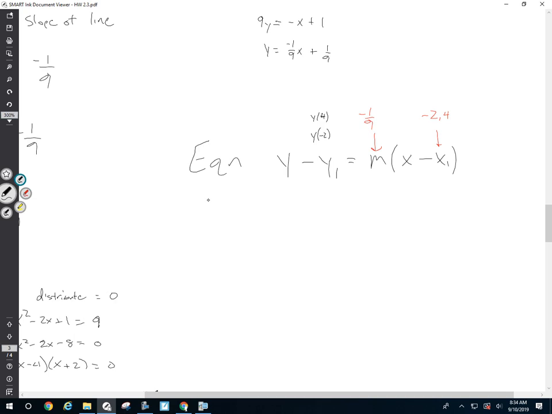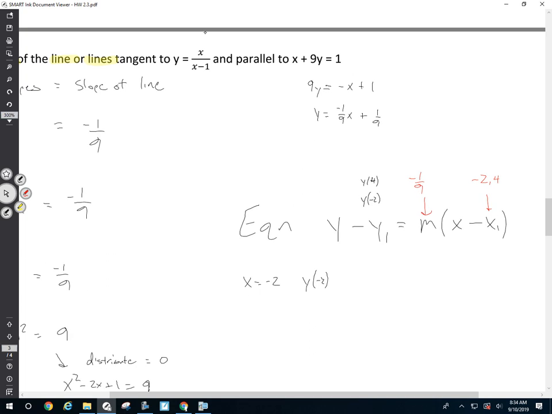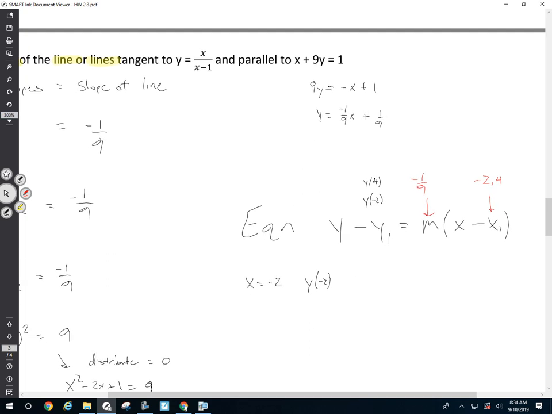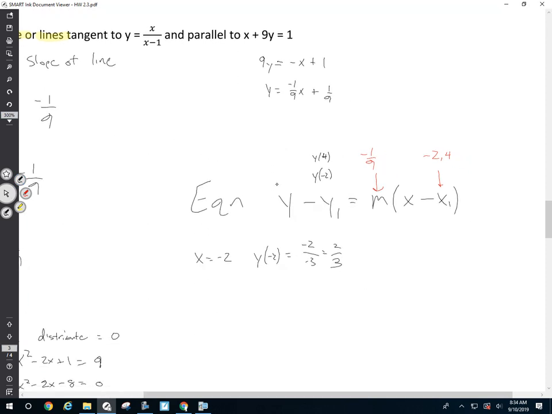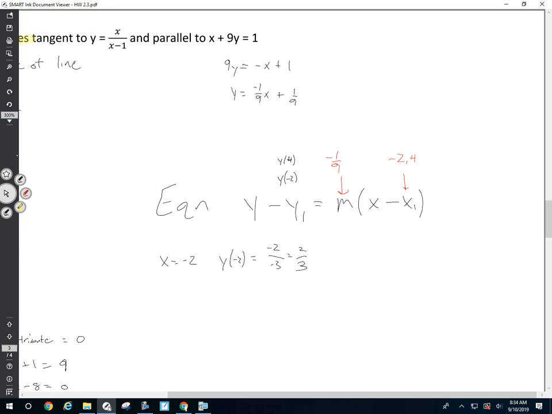Okay, so let's go x equals -2. y of -2 is -2 over -2 minus 1, which is -3. So this is 2/3, giving me my equation y minus 2/3 equals -1/9 x plus 2.